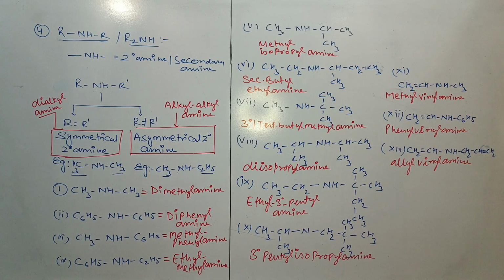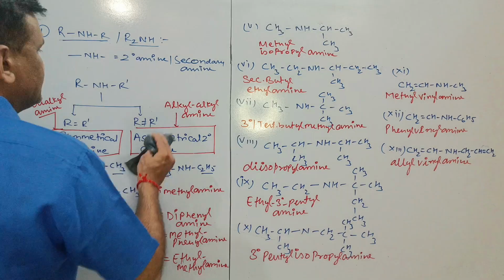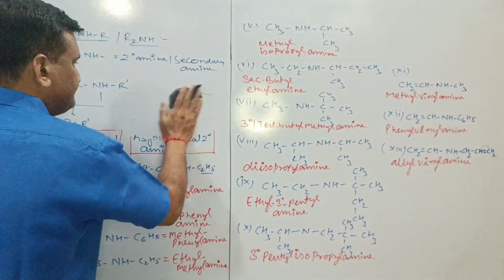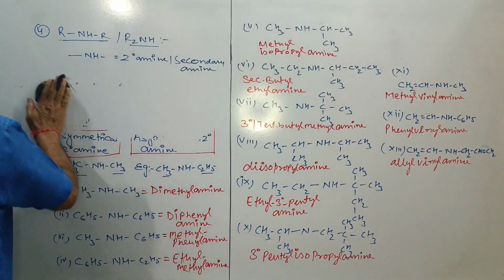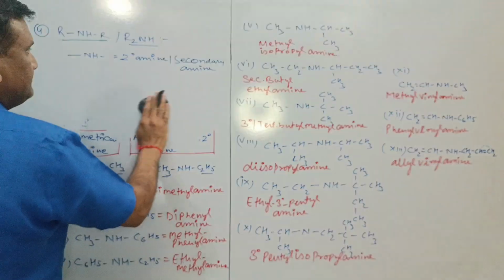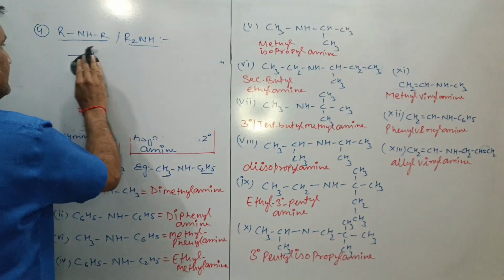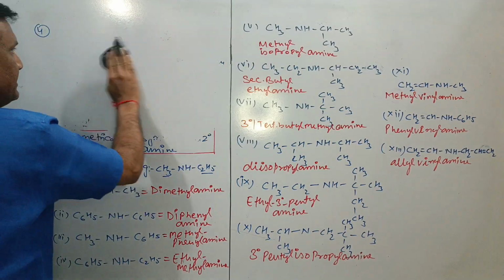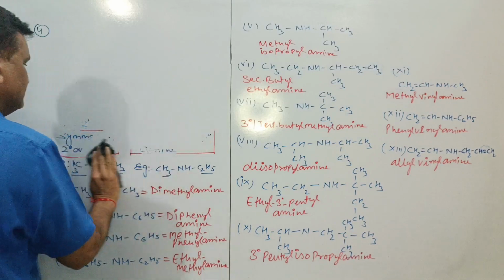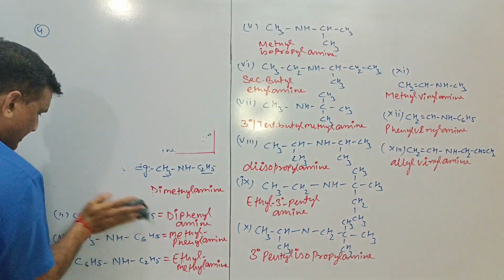So now the time to discuss the fifth functional group, that is the 3-degree amine. It's so important. There are a lot of probabilities of compounds and examples also.